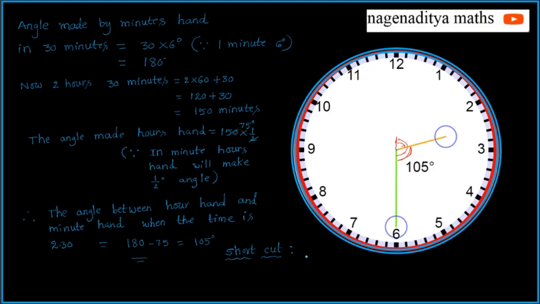In the shortcut method, theta is equal to mod of 11 by 2 into m minus 30h, where m stands for minutes and h stands for hours.